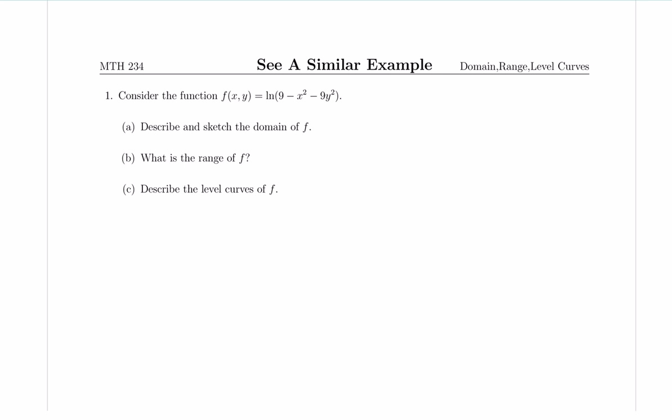Now let's do part C first, since it's maybe the simplest. So part C, describe the level curves. Remember, a level curve is just the solution set to an equation like this, where you set the function equal to some constant. So c here is just some real number constant.